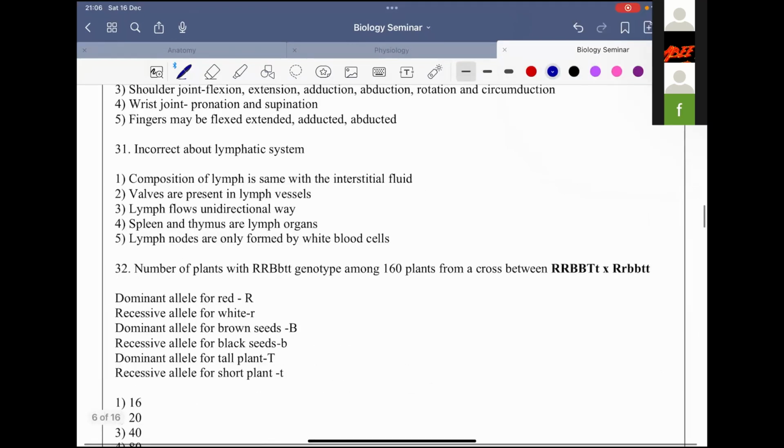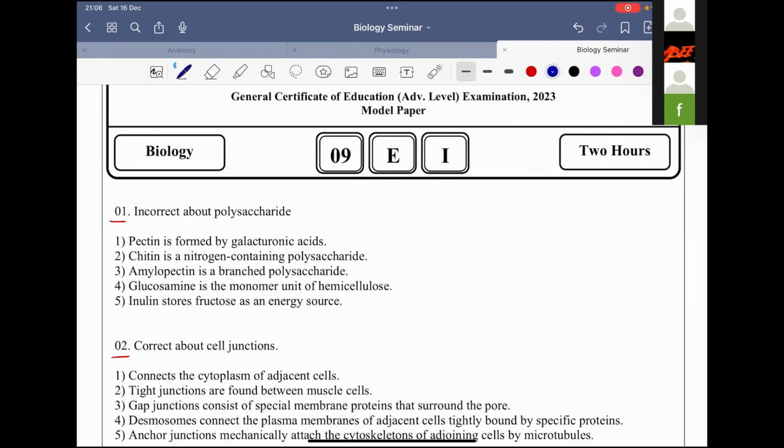It is about polysaccharides. It's Unit 2, so you know carbohydrates, right? Carbohydrates have three types: monosaccharides, disaccharides, and polysaccharides.